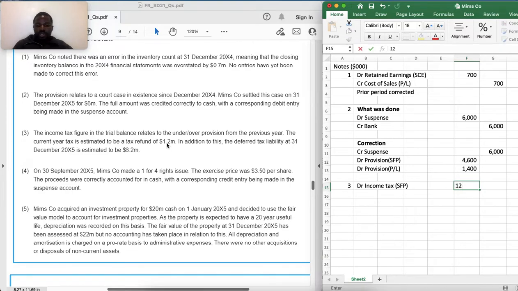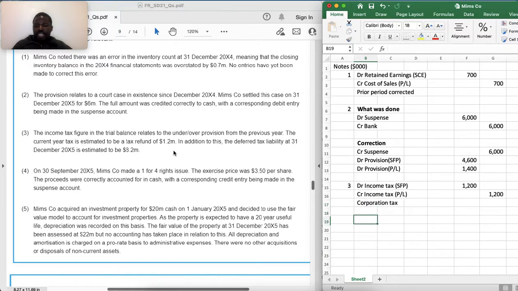So now we debit income tax asset of 1,200 and credit income tax expense in the statement of profit or loss. So we reduce the expense by that much. This is corporation tax done for the year.